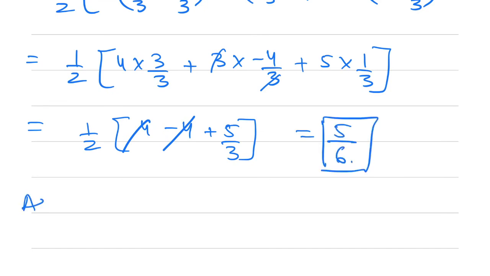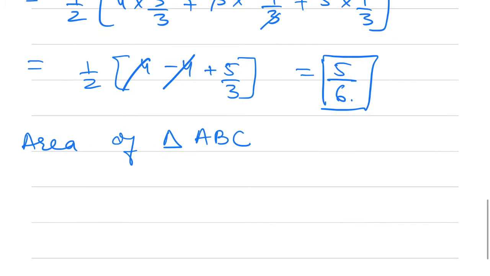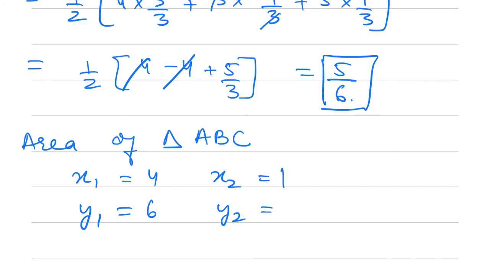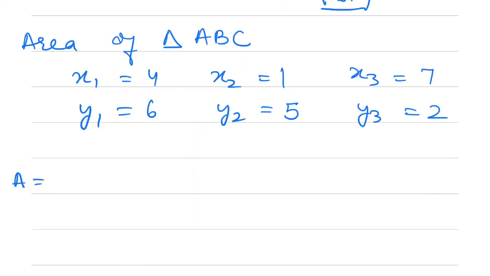We have to find the area of triangle ABC also to compare. So now here (x1, y1) is equal to (4, 6), (x2, y2) is equal to (1, 5), and (x3, y3) is equal to (7, 2). Area of the triangle, so let's substitute.